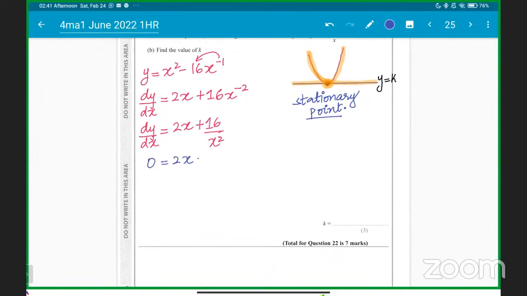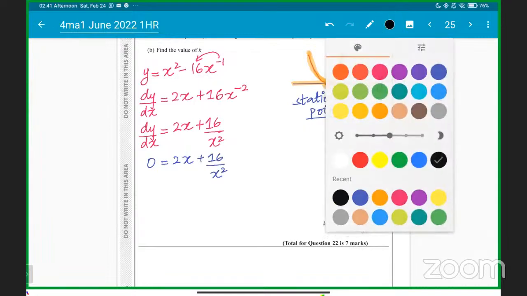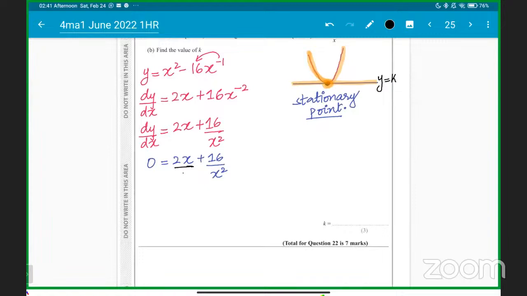So it will be 2x plus 16 over x squared, by plugging in gradient as 0 and taking the LCM. LCM is 1 times x squared, multiplied by x squared above as well. So it will be 2x cubed plus 16 equals 0 over x squared. x squared will go there, become 0. 0 minus 16 equals 2x cubed.